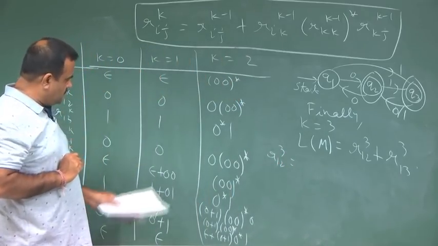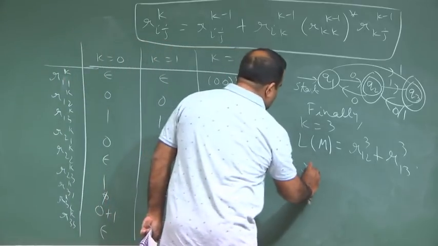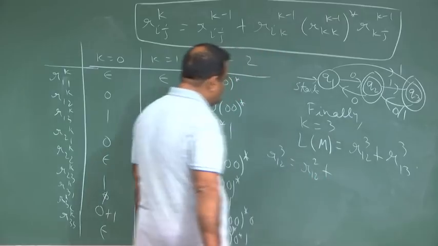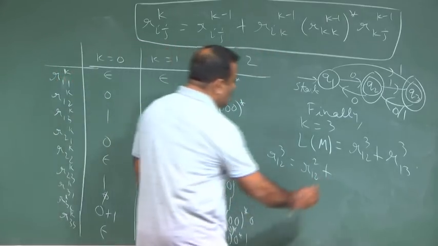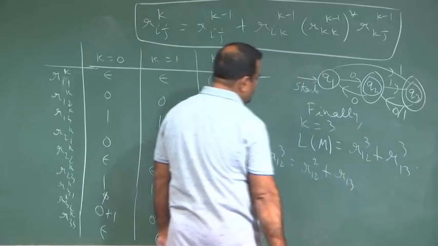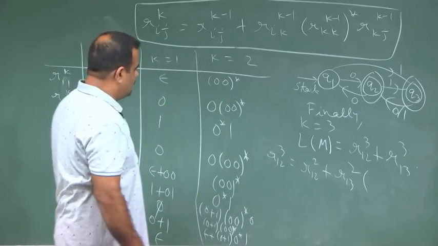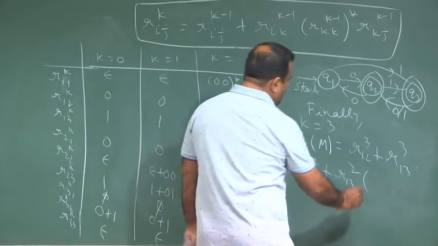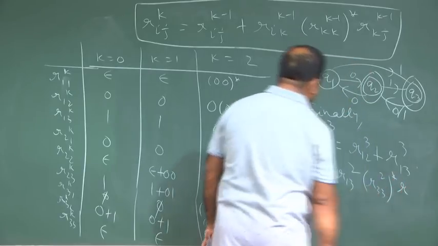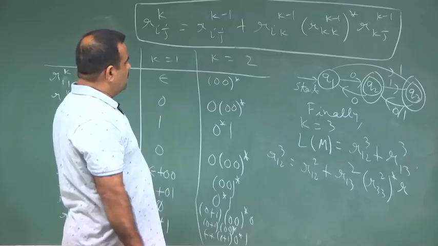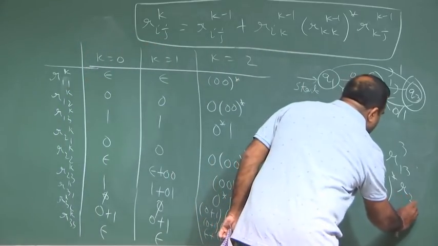R 1 2 3 is nothing but, if you use this formula, R 1 2 2 plus, then k is equal to 3, R 1 3 2, we are just using this formula, then R 3 3 2 star, then R 3 2 2.